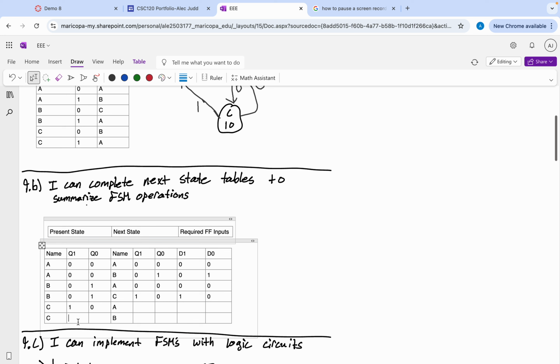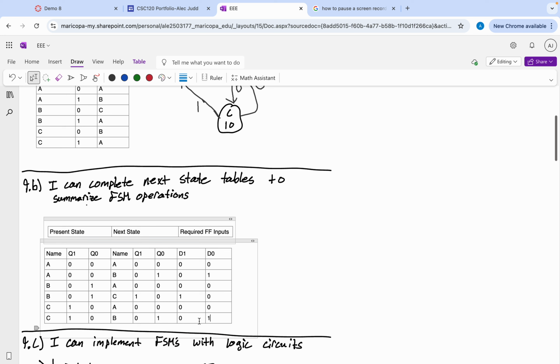So we'll fill in that 1, 0, and then A is back to 0, 0, so that will make this D1 and D0 0, 0. I think I put 0s for those on accident. And then if we were in B, that'll put us back to 0, 1. That'll make our D1 0, and our D0 1.